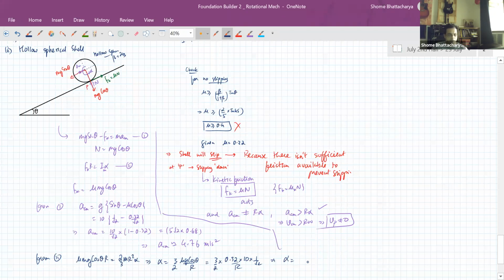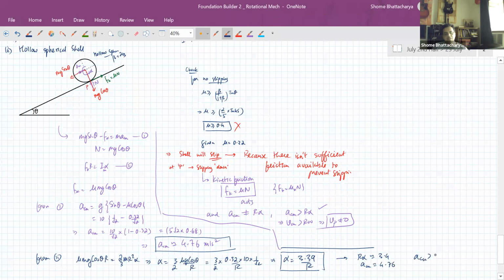When we calculate this, it comes out to be about 3.39 divided by R. So we can see that R alpha is nearly 3.4, but ACM is 4.76.